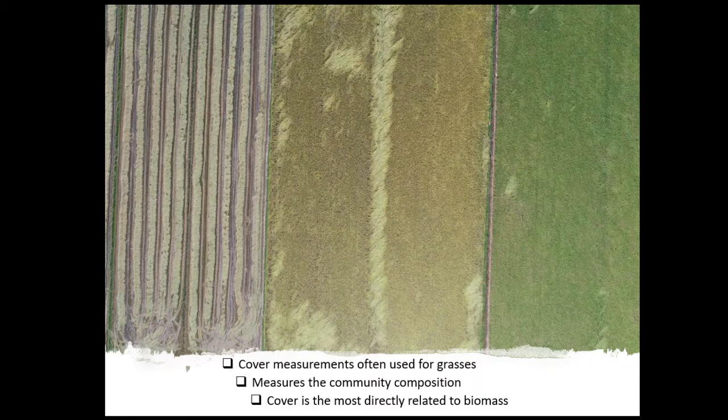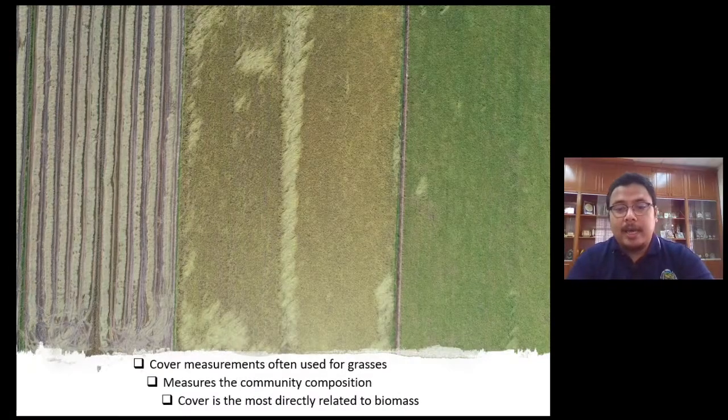Cover is one of the most common measures of community composition because it equalizes the contribution of species that are very small but abundant and species that are very large but few. Of the three measures, density, frequency, and cover, cover is the most directly related to biomass.